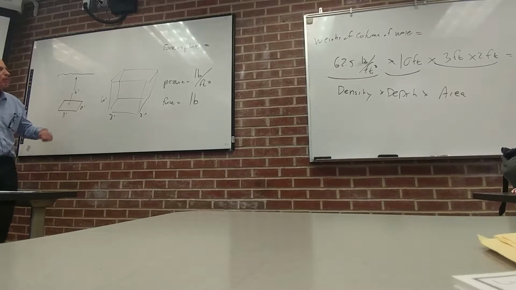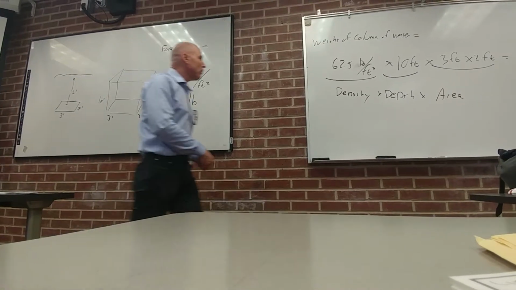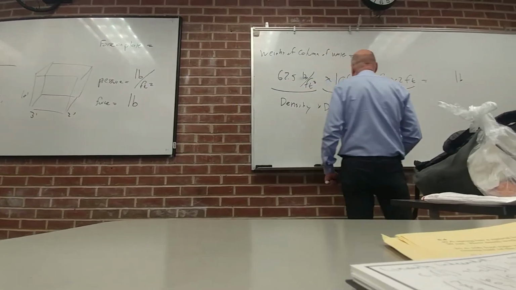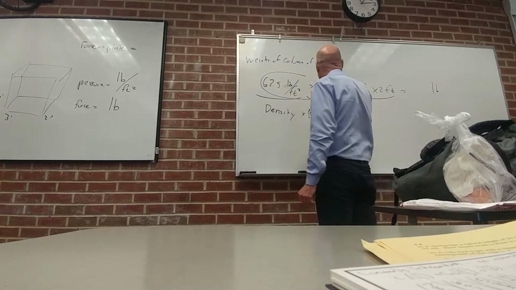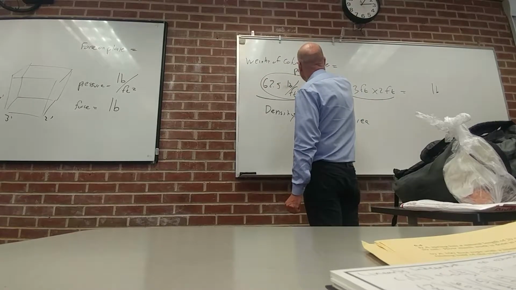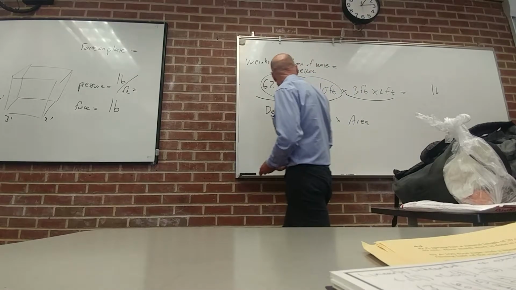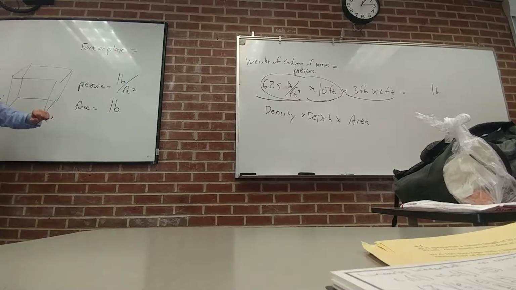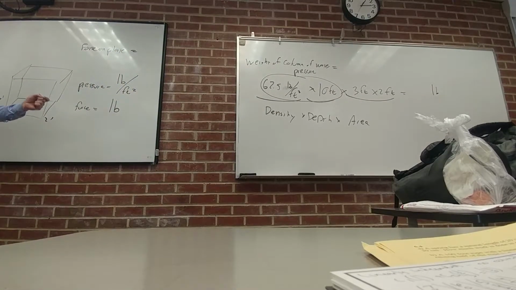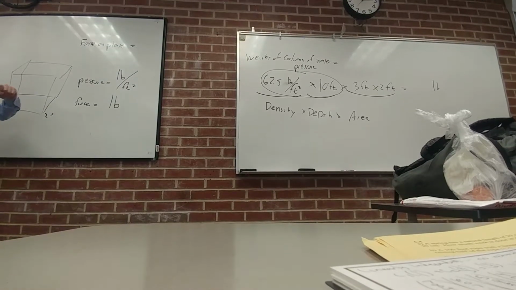So I'm not going to work through it, but you see that. How do we get pressure? These two give us pressure. So density times depth gives us the pounds per square foot, and then times the area in square feet gives us the pounds.